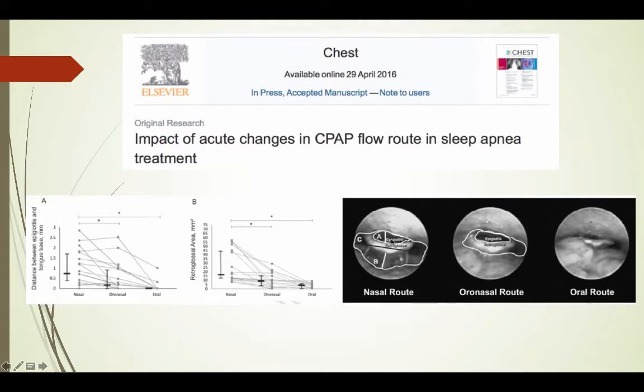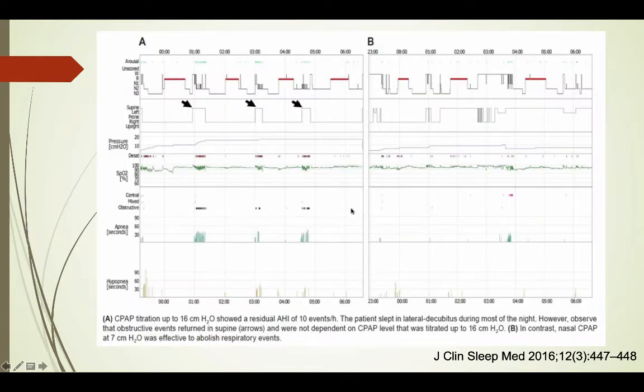And you can very clearly see that upper airway size is maximum when CPAP was given via the nasal route as compared to the oronasal route, and the oral route of CPAP was hardly able to open the airway. So definitely the first lesson is that delivery of CPAP via the nasal route opens the airway to a larger size as compared to the oronasal route.